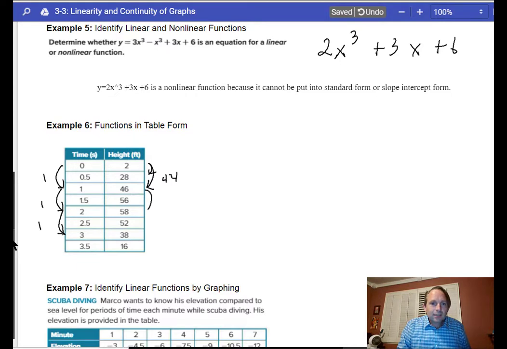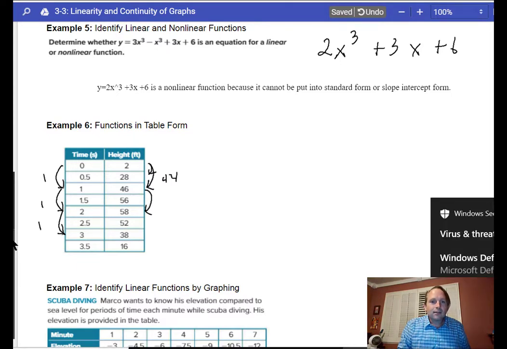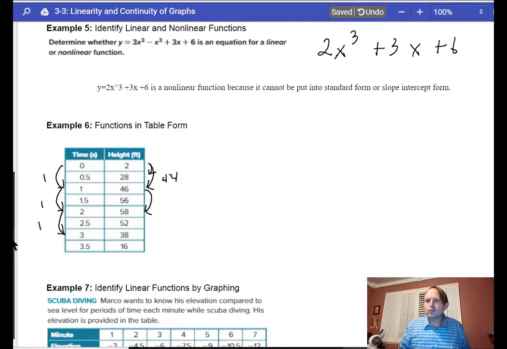146 to 58. Well, that is 14. And then 58 to 38. Hey, wait a second here. That's negative 20. So as I can see from here, this is not a linear function. Looking through here, every input has exactly one output, so I can type this out.